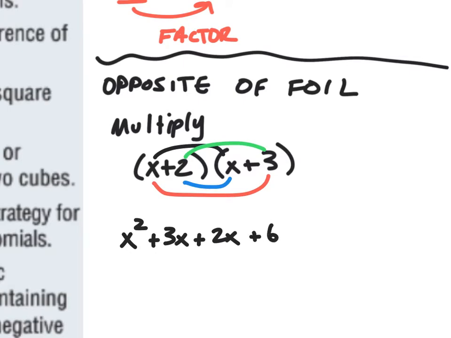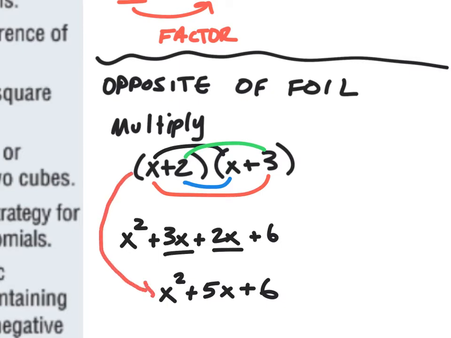And so what we can do is combine our like terms in the middle, and we get x squared plus 5x plus 6. Now, going in this direction means you multiplied. What we want to do is go backwards. We want to go from here to here.